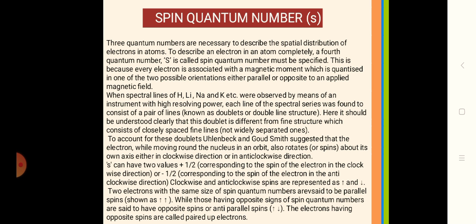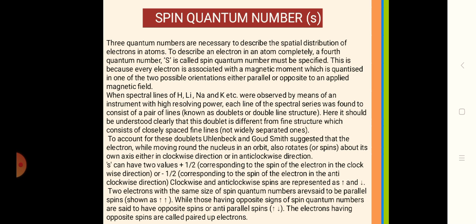Here it should be understood clearly that this doublet is different from fine structure which consists of closely spaced fine lines, not widely separated ones.